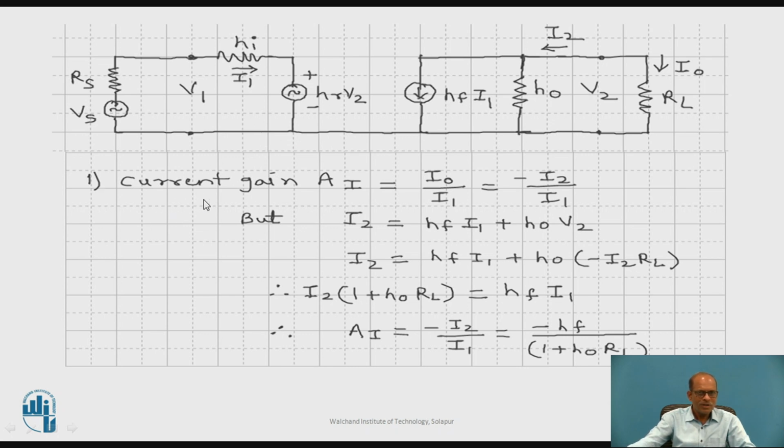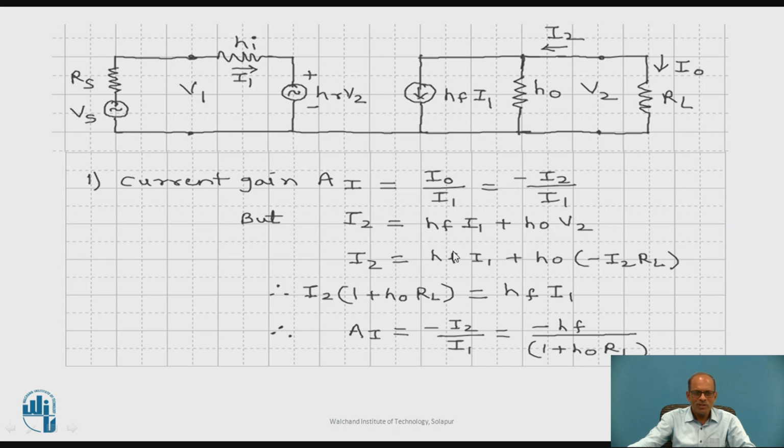Now derivation for current gain. Current gain is the output current divided by input current. So output current is I0 and input current is I1, so I0 by I1. Now I0 can be written as minus I2, so minus I2 by I1. But I2 can be written as HF I1 plus HO V2. And now V2 can be written as minus I2 RL, right?